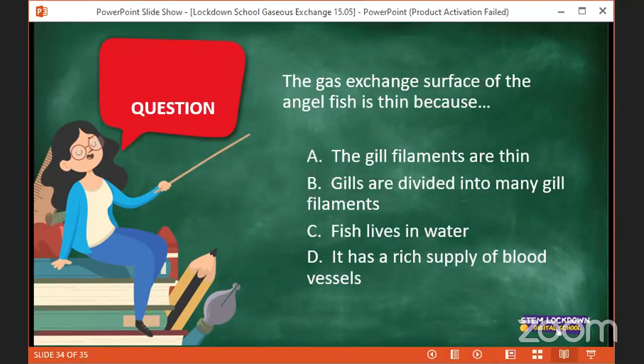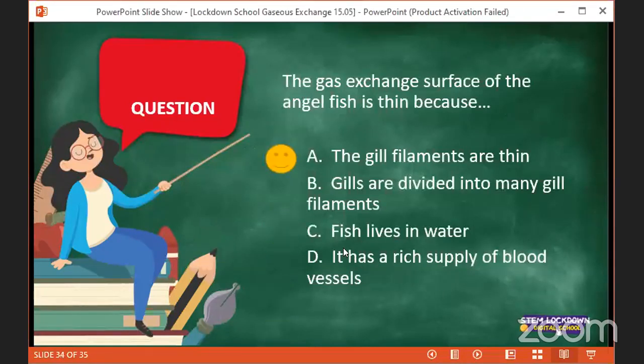What makes the gas exchange surface of a fish thin? Right, so I have A and A. Someone else answered B, right?